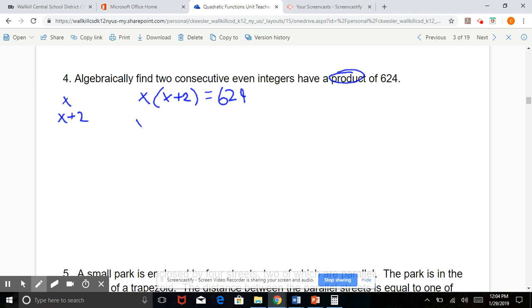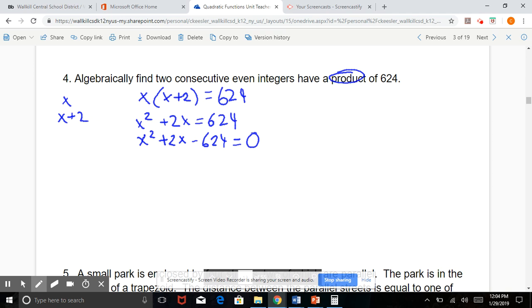We distribute the x, we get x squared plus 2x equals 624. I'm going to solve this by factoring, so I'm going to put it in standard form first. X squared plus 2x minus 624 equals 0. Now, I don't know the factors of 624 off the top of my head, so I'm going to use my graphing calculator.